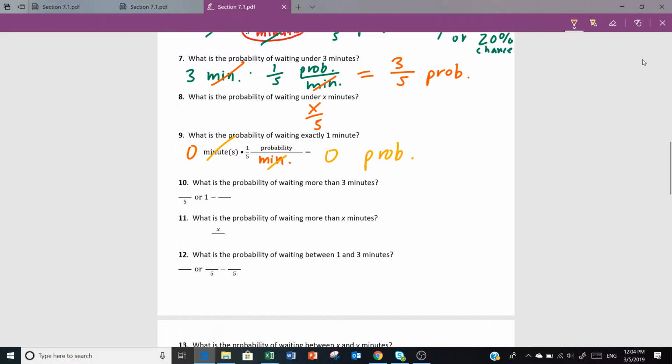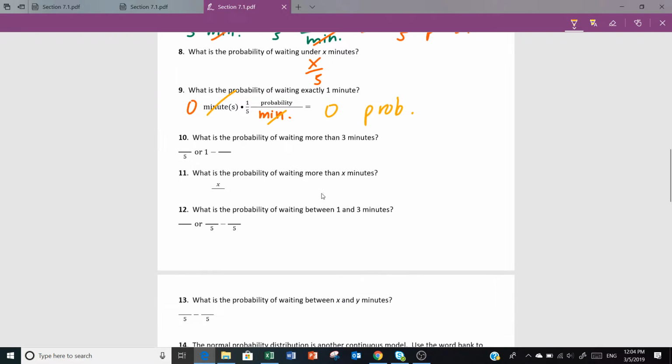So that's a disadvantage of continuous models, because we're used to getting numbers for that, like in discrete cases. But with continuous models, you have to look at between two values: under 1 minute, or between 0 and 1, under 3 minutes, or between 0 and 3, or more than 3 minutes, or between 2 and 4 minutes. Those are all probabilities you can get, but you cannot look at the probability of exactly one value.